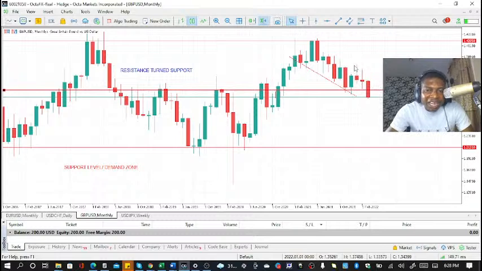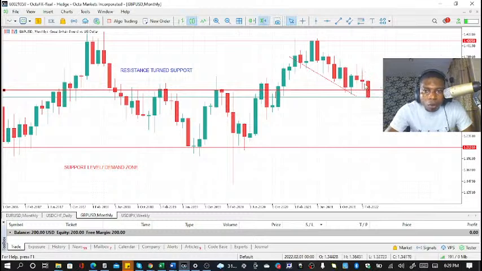We have something that looks like a bearish pin bar, and at this level here, we are having another significant candlestick. All right. So this is like a doji candle.